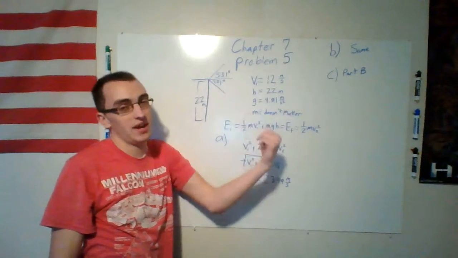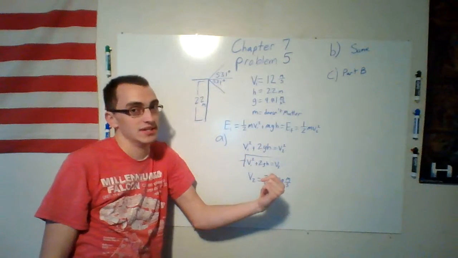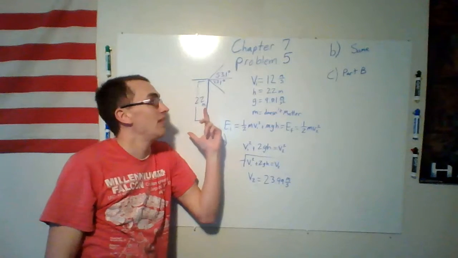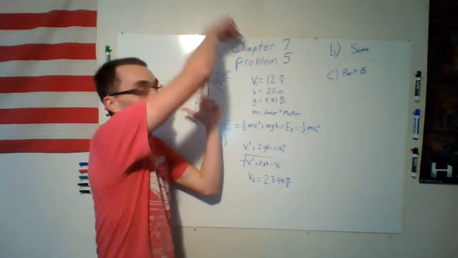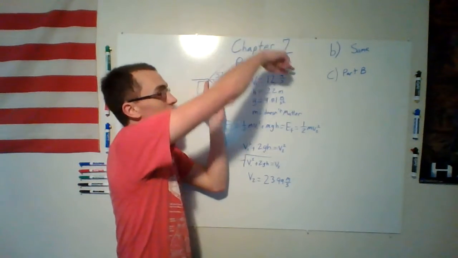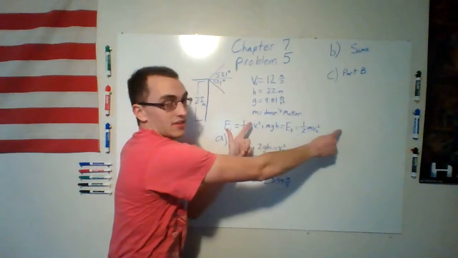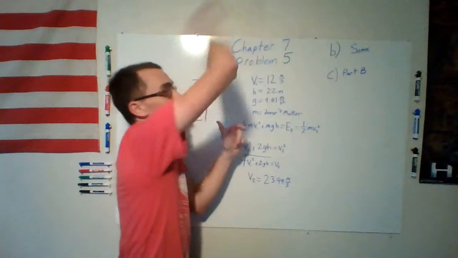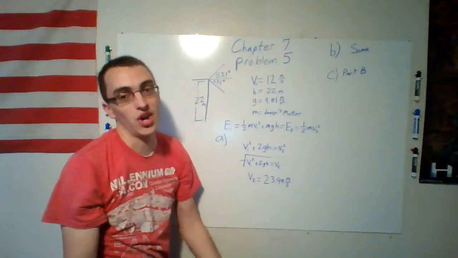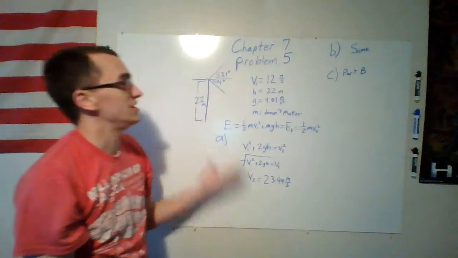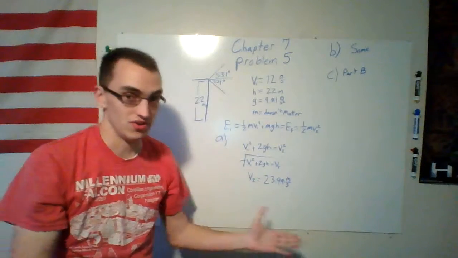Well, this one just has the way down. There's much less time for air resistance to happen. When the ball is on its way down from the top, it's going to look almost the exact same as your initial part heading if you were heading straight down. You just have all this extra time that air resistance can work on it. So that's why part B is going to be going faster if there is air resistance.